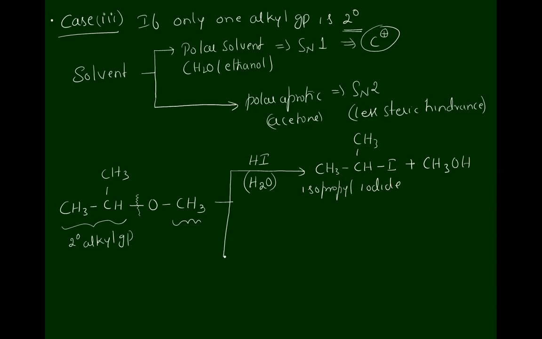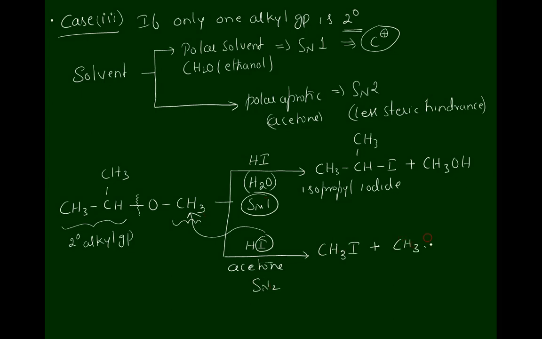When it is treated with hydrogen iodide in the presence of acetone, it follows SN2. The medium is very, very important. Therefore, this iodine always attacks the less hindered carbon atom to form methyl iodide, with the formation of secondary alcohol, CH3CHOHCH3. Please note it down.